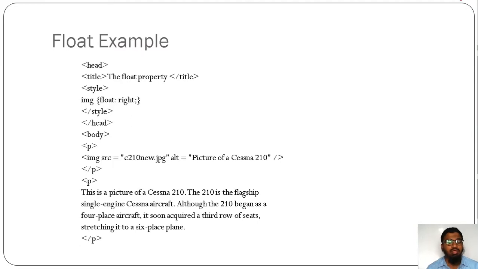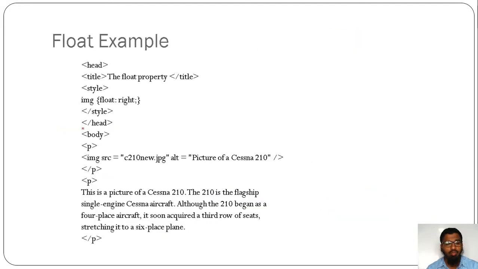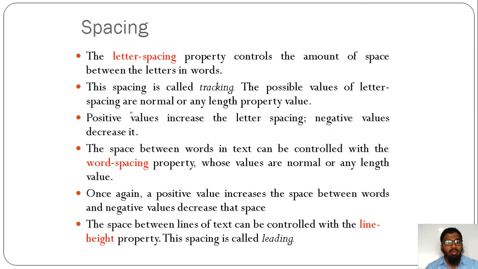Okay, and this is, as I told you, the float property, which we have used here in the CSS. Next, the letter spacing property controls the amount of space between two letters, called tracking. There are so many things. A positive value increases the letter spacing, a negative value decreases it.